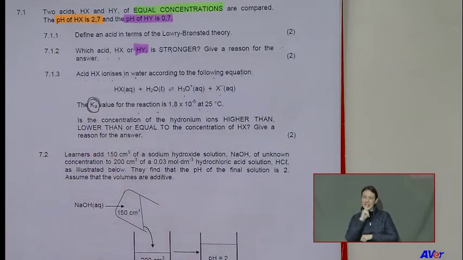So you see how easy it will be for us to combine acids with Kc. So we can easily combine those two topics in a question. Okay? So keep that in mind. Now, the Ka value for this reaction is 1,8 times 10 to the power of negative 5.